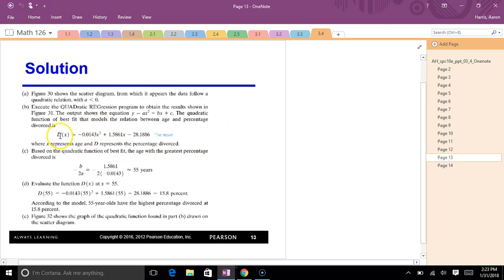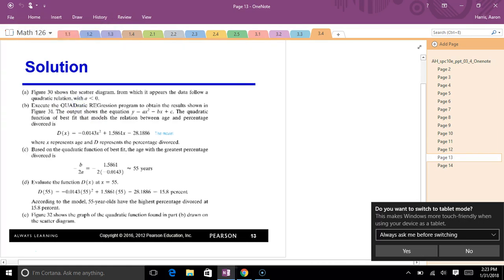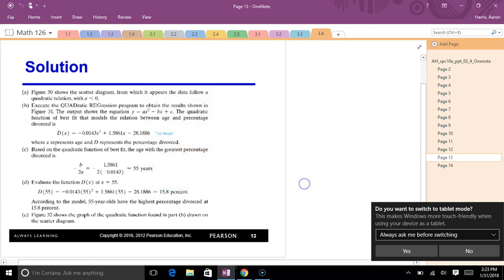So now the percentage divorced is, you put your a in right there, x squared, you get your bx, and your c on the end.